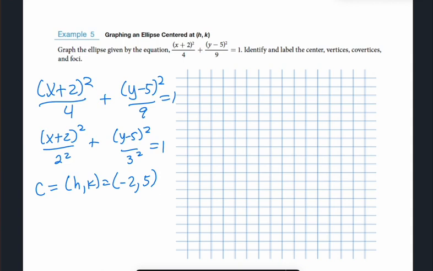Now let's start with our a value. Our a value is plus or minus 3. That's always the larger one. That's under the y. So we're going to add or subtract 3 to our y value, and that's going to be our vertices. Our first vertex, if we add 3 to the y value, is negative 2, 8.